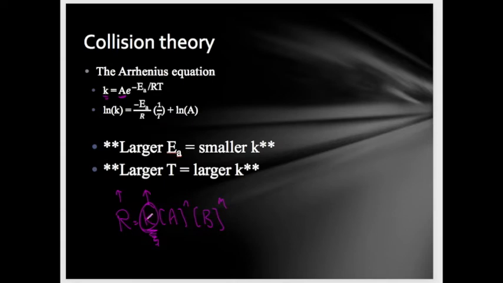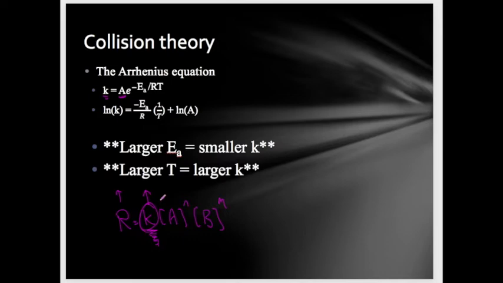So let's say you're looking at a chemical reaction and it has a large activation energy. What effect will that have on the rate of your reaction? Of course, it's going to slow the rate down because there's a big energy threshold that has to be crossed. So larger activation energy means a smaller rate constant and therefore a slower reaction.